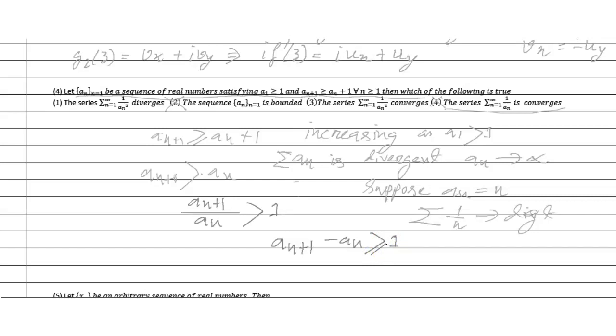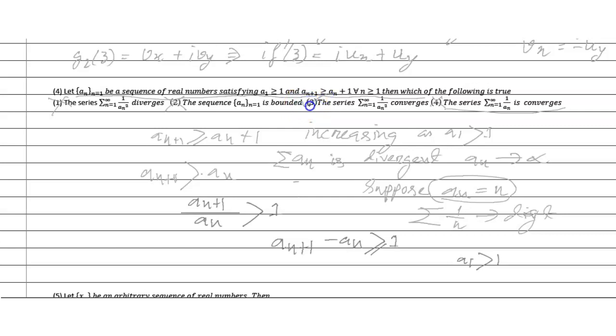So we can't choose the square root, meaning root over n. This is not possible because a1 is greater than 1. This condition will not hold. But in case the sequence is n, then this possibility can hold. So friends, 1 by a_n squared is convergent.